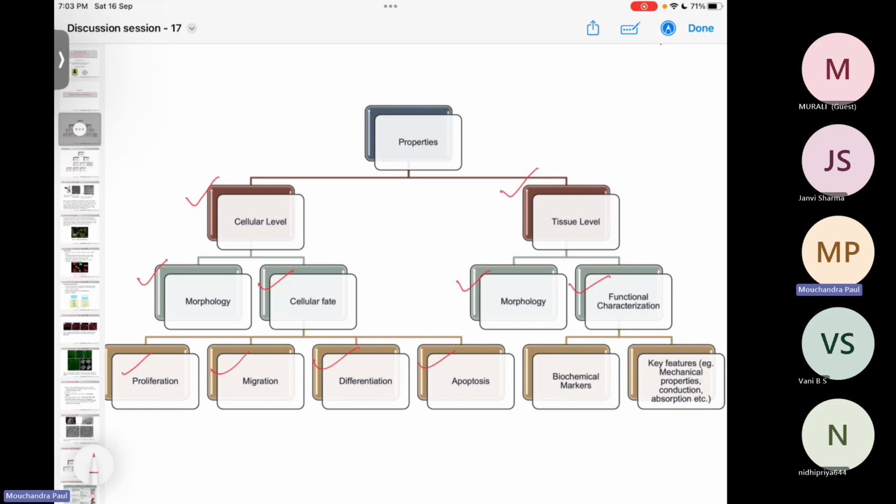We can do it by using some unique biomarkers that are specific to that particular tissue, or we can use some key features like the mechanical property of the tissue, conduction. Various tissues show electrical conductivity, etc. If they are showing these kinds of functional characteristics, then we say the tissue is properly formed.